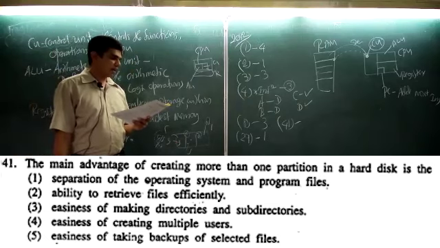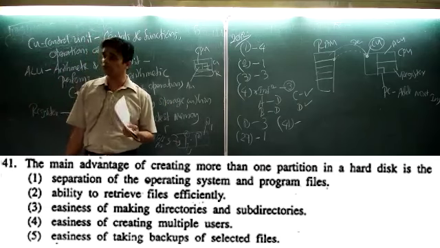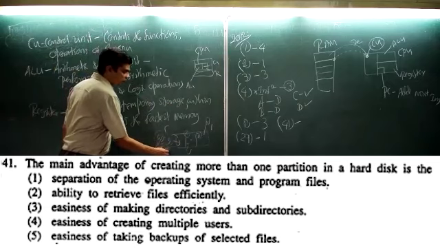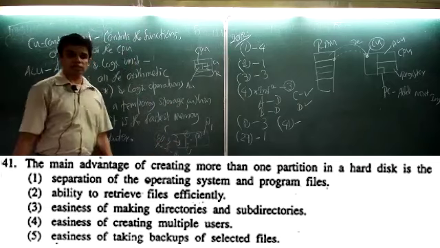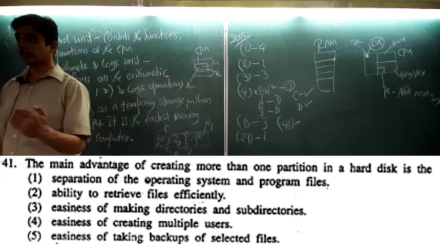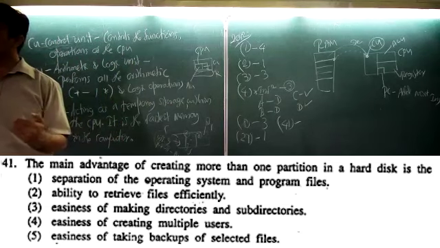Then the main advantage of creating multiple partitions: separation of operating system and program files. So will you separate the OS files and the application program files in your computer? Whenever you install a new application, say that you install Zoom, into which drive will it be installed? C drive.